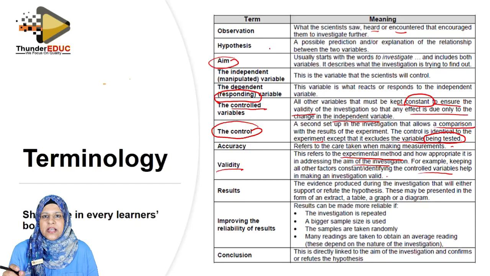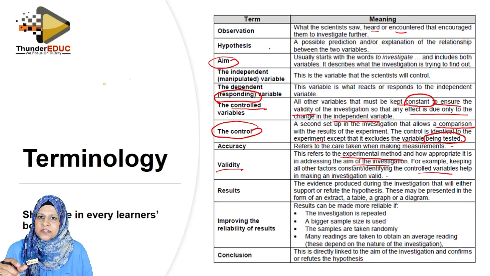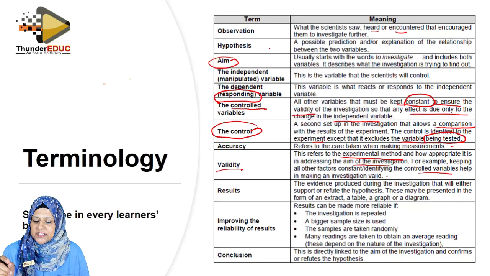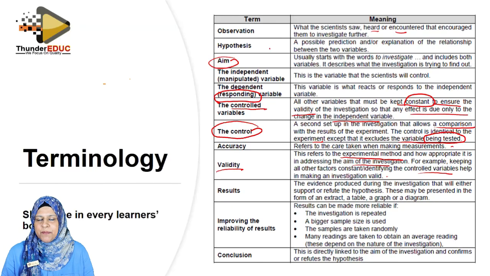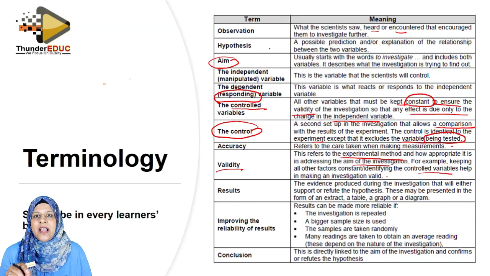So I must use a measuring tape, also not to damage the plant. If I use a big ruler, that's not going to give me an accurate result. And then if I use the measuring tape, I must continuously use the measuring tape, not change into using other apparatus to measure. That is validity.